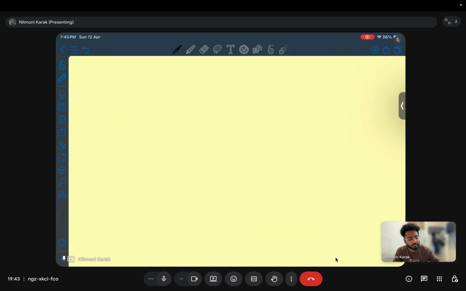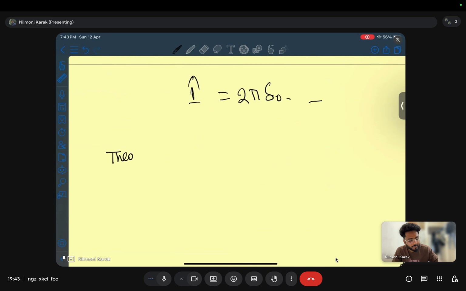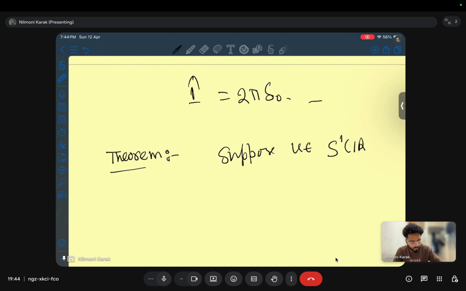And some theorems are there. Suppose u is in S dash, so u is a tempered distribution, this means this, right?